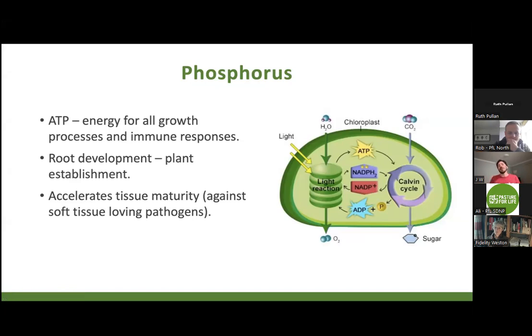It's that energy currency of the plant. So phosphorus is part of that. But beyond that, of course, phosphorus does lots of other important things like root development, but also helping to accelerate tissue maturity, so just firming up the leaves, particularly against pathogens and things as well. So lots of other things, of course, that it does.